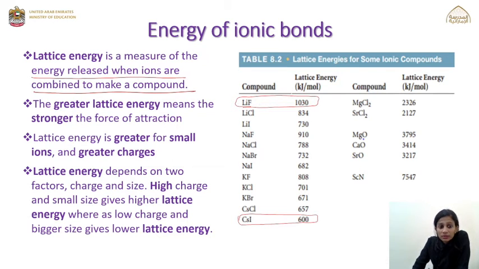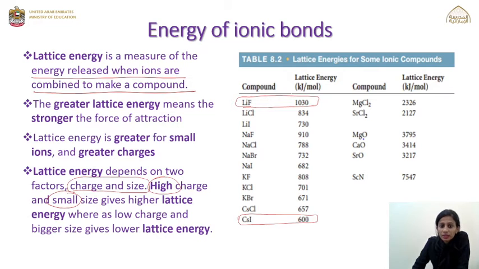So what are the factors affecting the lattice energy? There are two factors which affect the lattice energy, that is charge and size. The charge of the ion should be high and the size of the ion should be small. When these two criteria are seen, you consider the lattice energy to be higher, or the strength of the bond to be high.